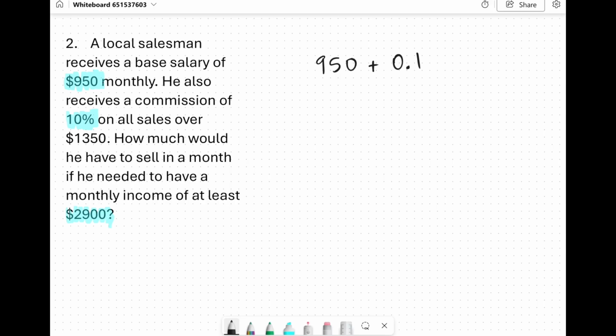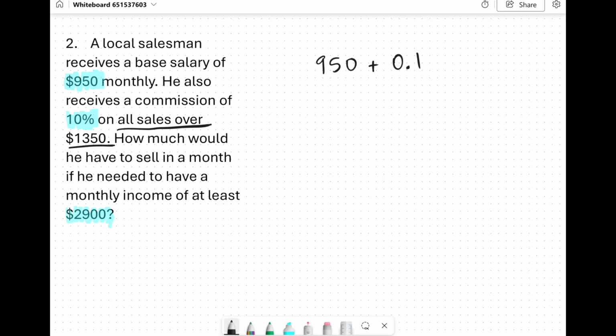What this means, all sales over $13.50, is if he sells less than $13.50, he's not going to get any commission. Meaning if he sells $500 worth of stuff or $1,000 worth, he's not getting that extra 10%. He will be getting 10% after he starts selling more than $13.50.